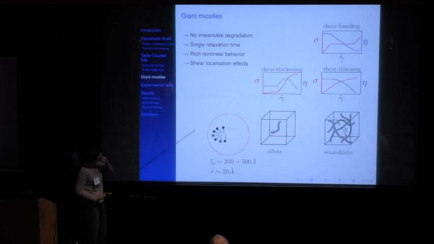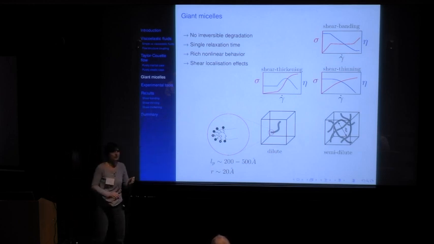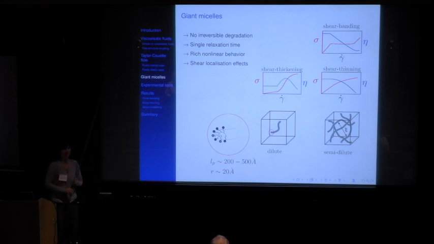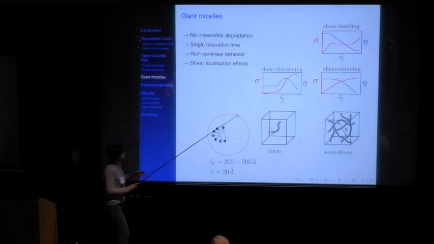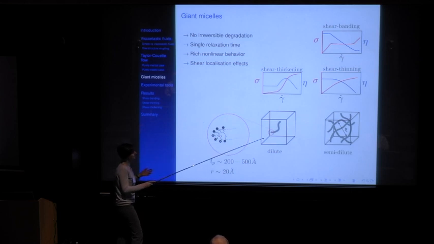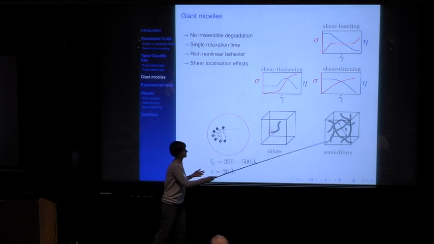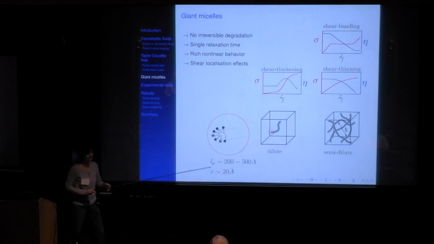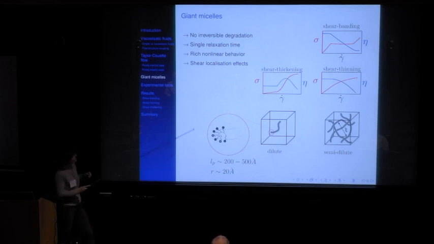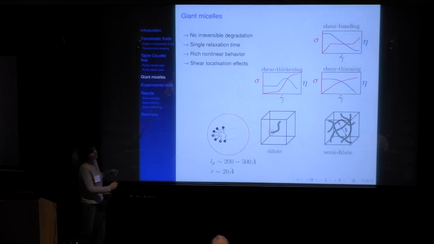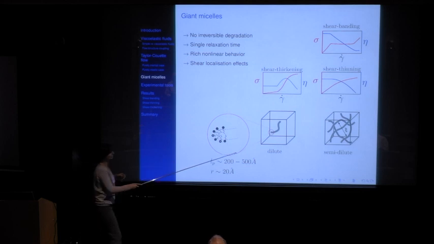Are they entropically coiled? No, that's a difference. So I can think of them like an elastic fiber? Yeah, exactly. But as you will see, they exhibit elasticity, especially when they become entangled. And so they exhibit a very rich nonlinear behavior depending on the concentration range.